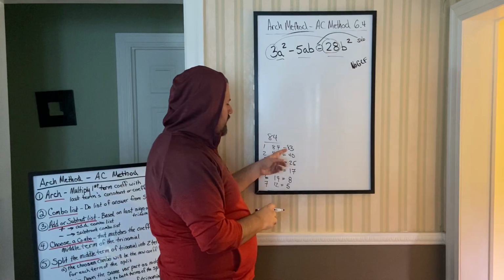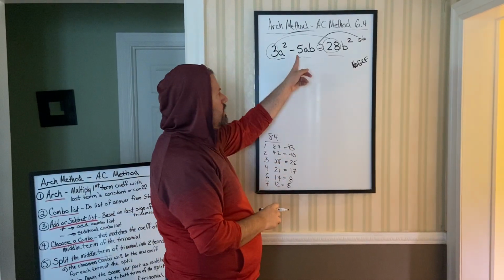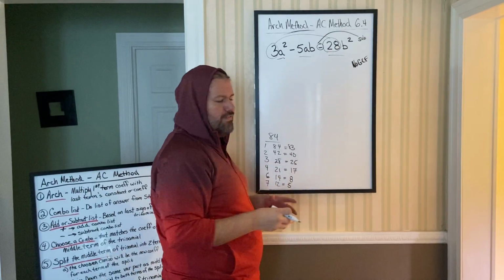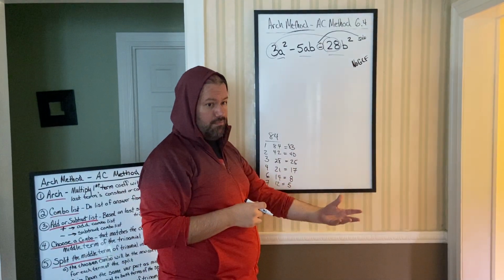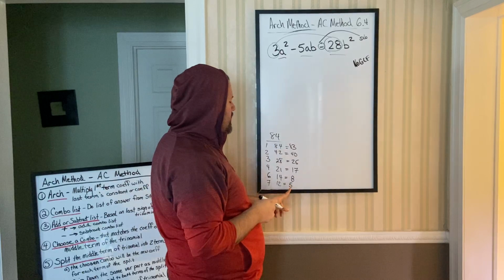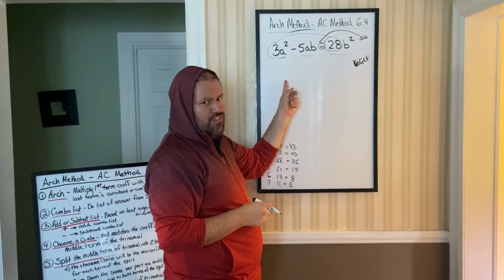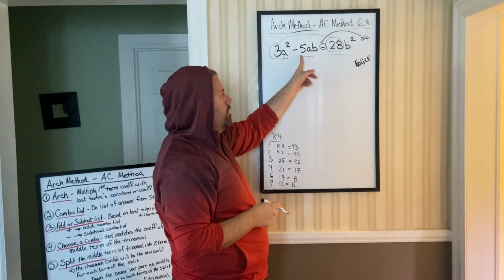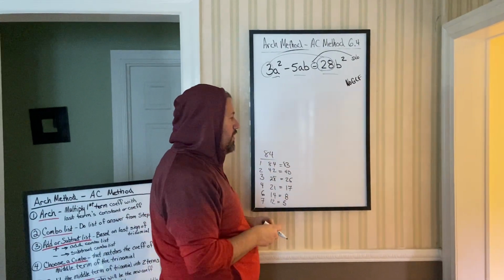And then see if any of these matches the coefficient of the middle. If none of these match, then remember, that's when you can have prime. But since you got a match, that means this has to factor out. Cannot say prime. Find a combo, matches, cannot be prime.